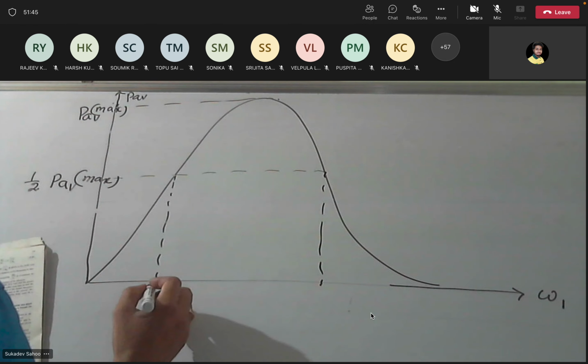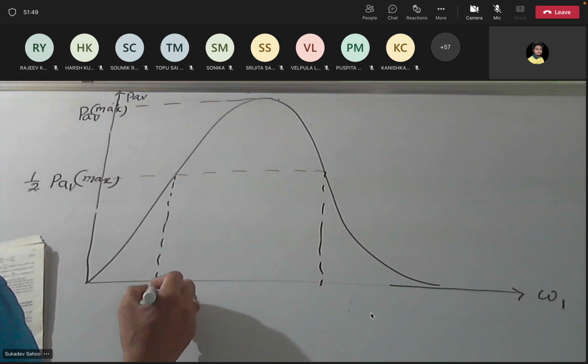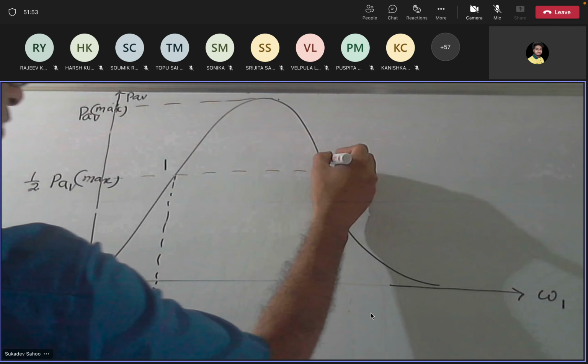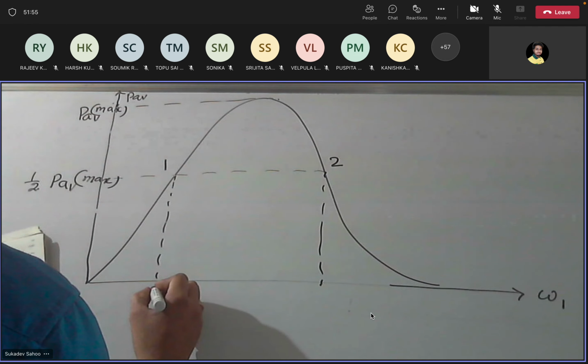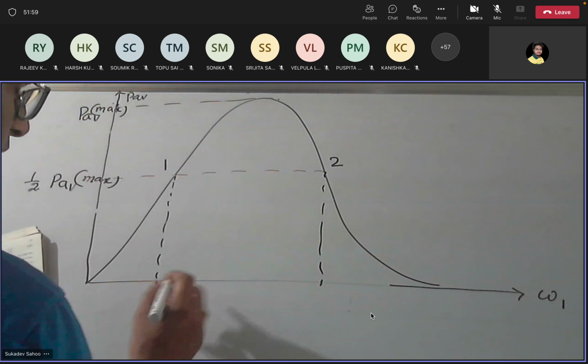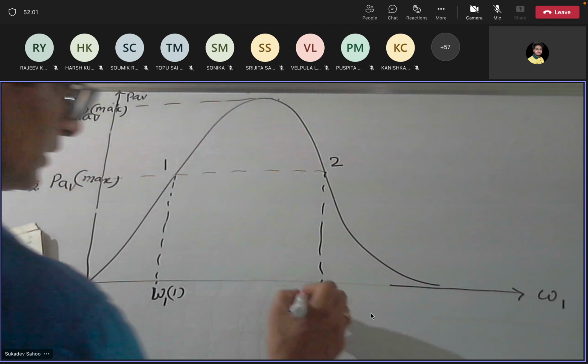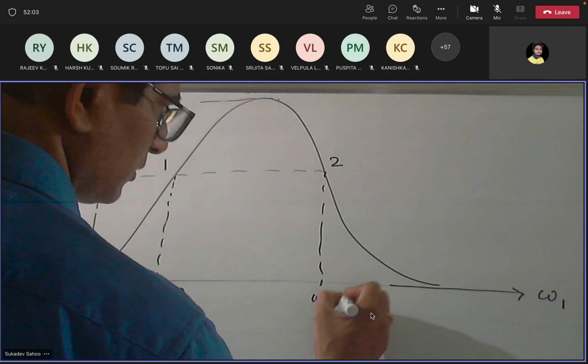Suppose point 1 and 2 correspond to omega 1 at point 1 and omega 1 at point 2.